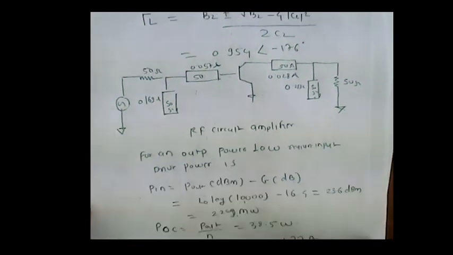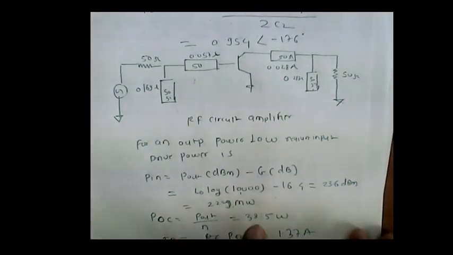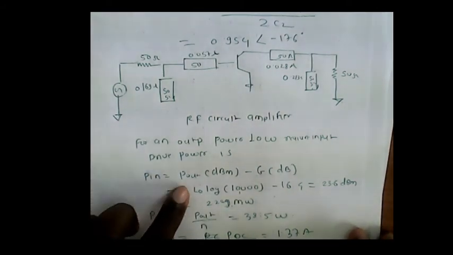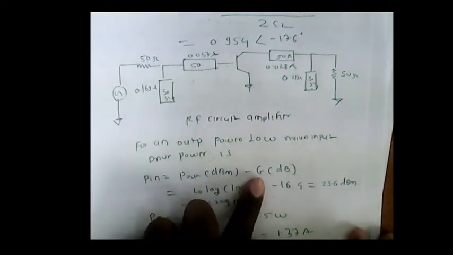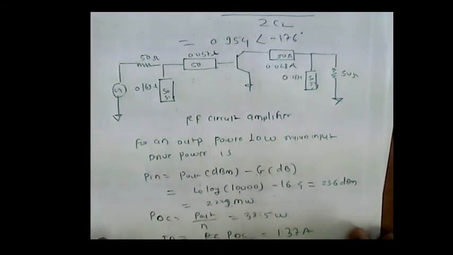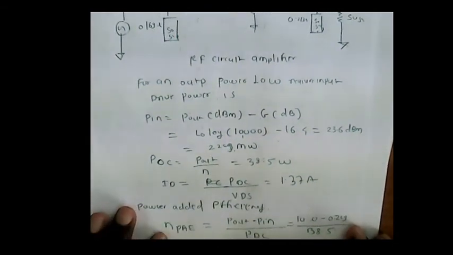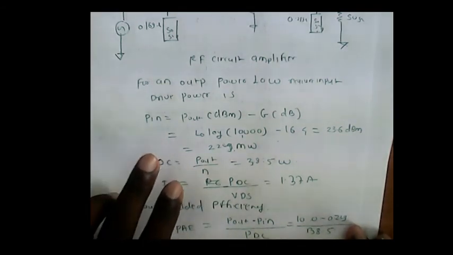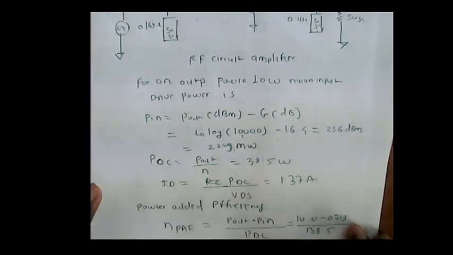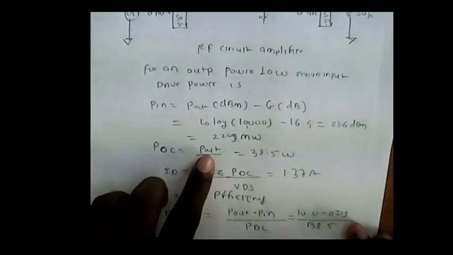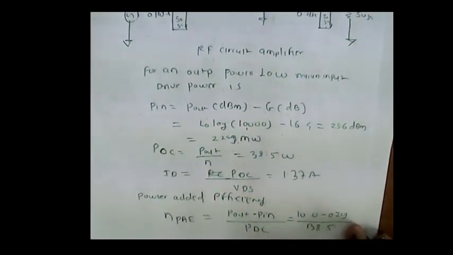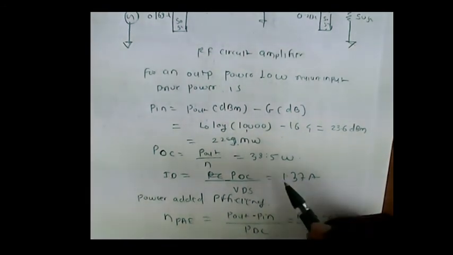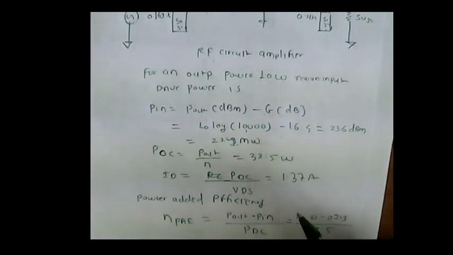Then we calculate for the output power of 10 watt. The required input drive power is P in equal to P out in dBm minus gain in dB. Putting in the given values, we get the required input drive power of 22.9 milliwatt. The DC power is P out divided by efficiency, which is already given as 26%, so we get 38.5 watt.